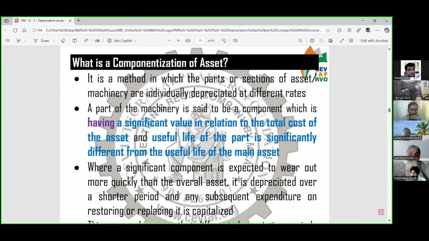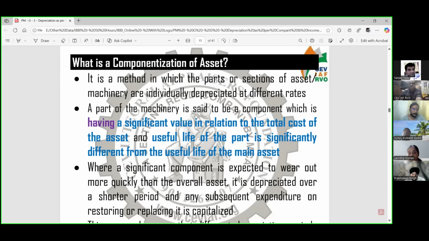Now, in the Company Act, what they say is, just like if you have purchased one bicycle for 10,000 rupees, they suggest you do not mention in your books of account just a bicycle 10,000 rupees. You have to mention two-wheel 2,000 rupees, handle 1,000 rupees, seat 5,500 rupees, chain, carrier 200 rupees, like that.